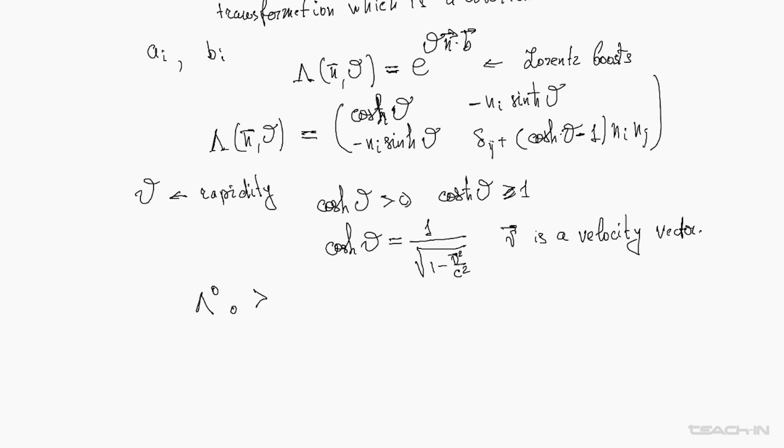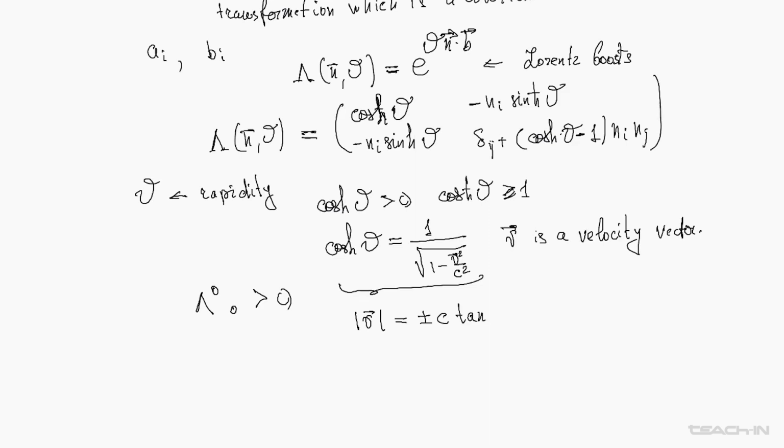This equation can be solved for the modulus of velocity. If you do that, you find the following answer. The modulus of v is given by plus or minus c multiplied by the hyperbolic tangent of the rapidity variable.